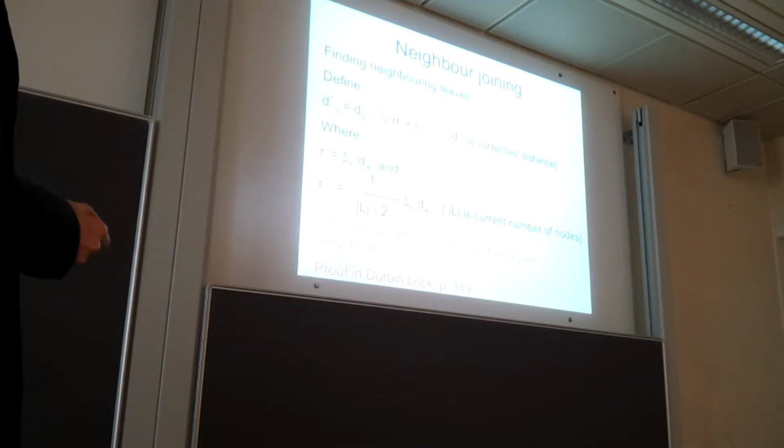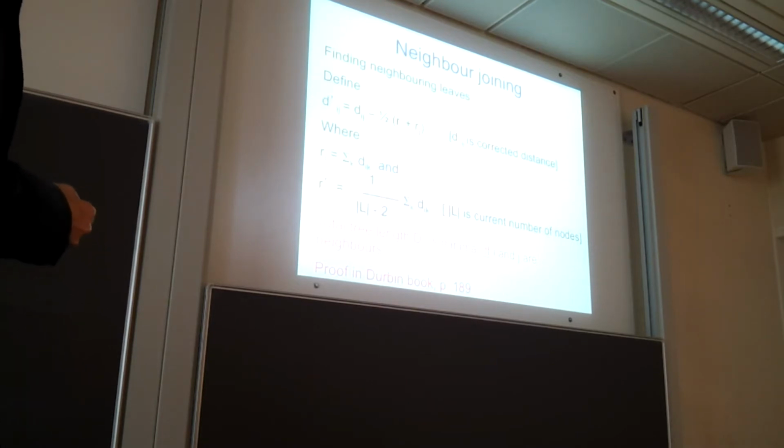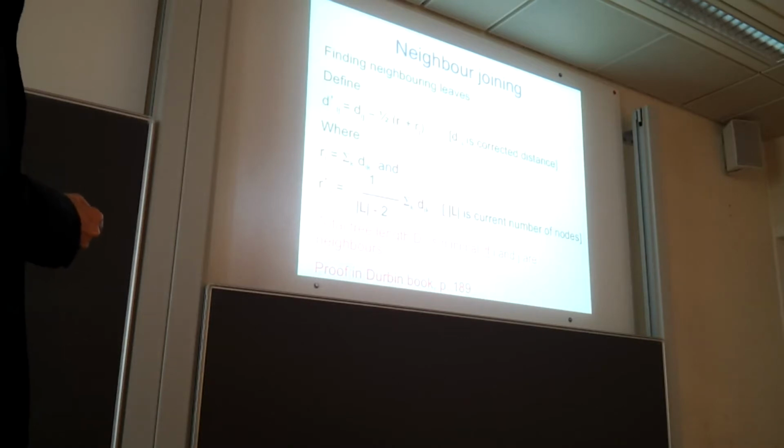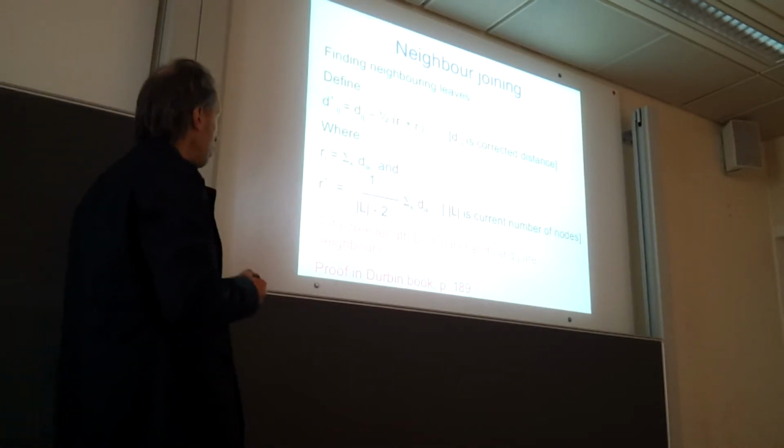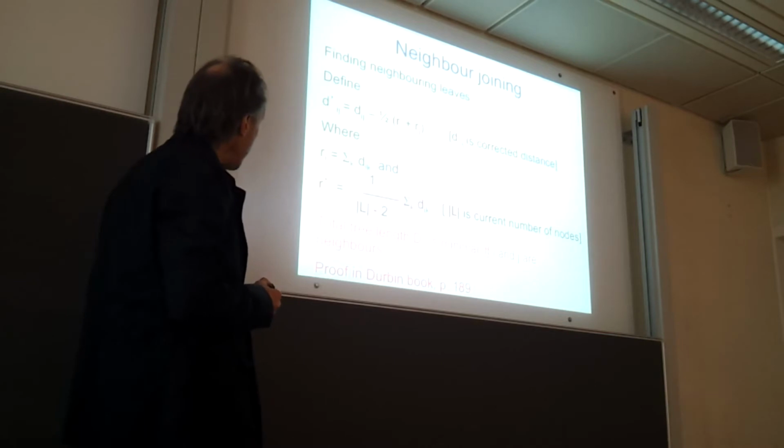So this is a formula that you saw before, and these are conversion steps. So you have this distance dij. You make a transformed distance, if you like. They call it a corrected distance, where you subtract in the distance between point i and all the other points, and the distance between j and all the other points, because here's the definition.